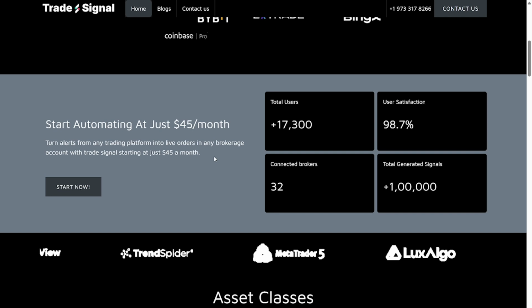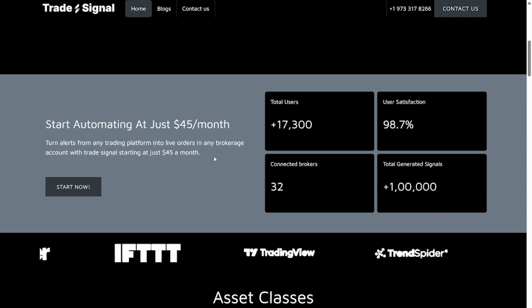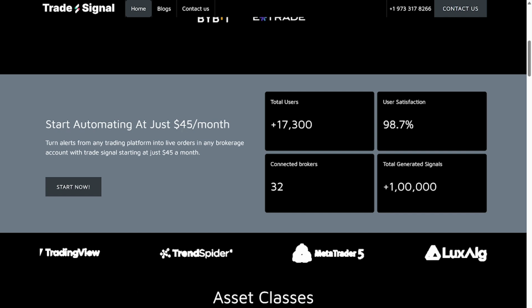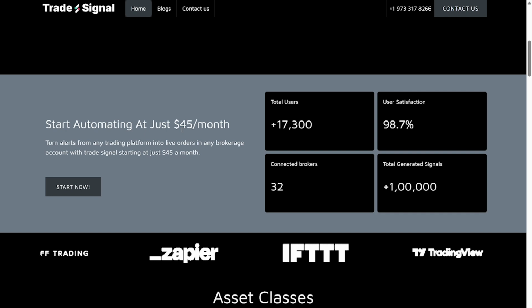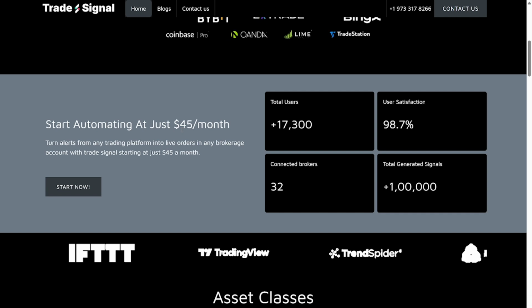Just one more thing I want to add, that this $45 also includes a VPS for your automation. Yes, you heard it correct. Whatever signals are being placed or automated from your TradingView account to your MT5 account, these will be inclusive of the VPS, which means that you need not keep your system or your laptop on 24/7 in order to automate your trades.